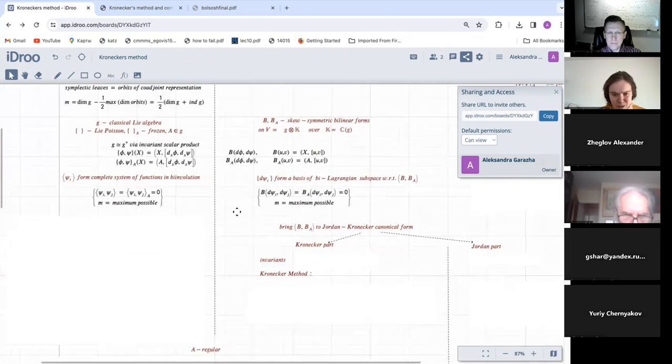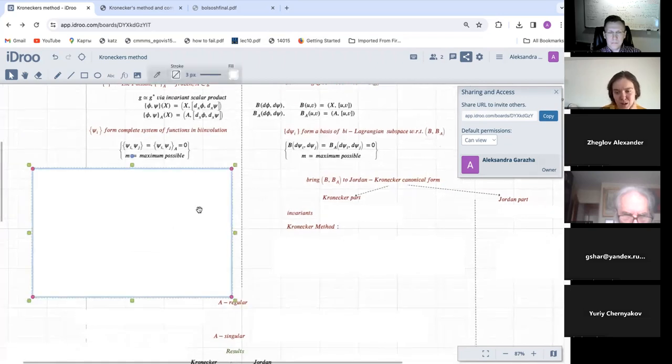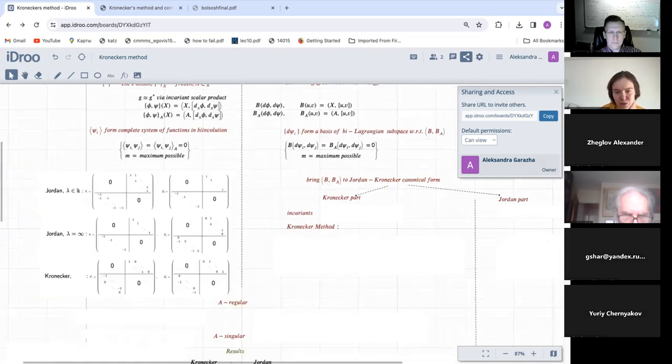Maybe it sounded too complicated, so I will show first of all the blocks that are in this theorem.